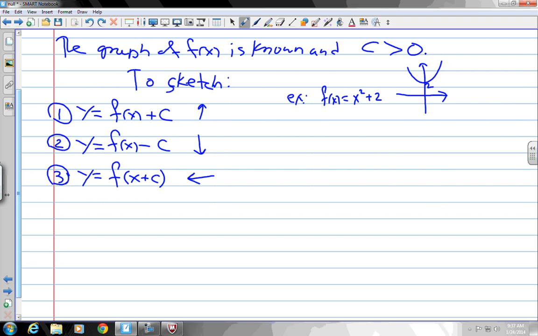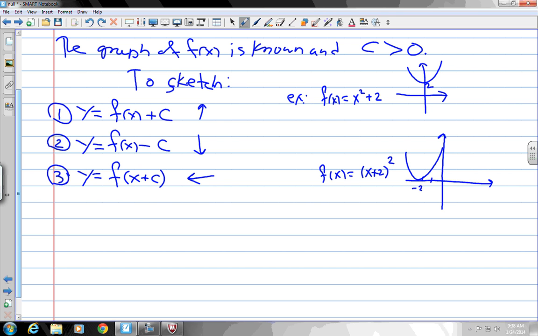So again, example of this would be something like x plus 2 squared, right? The graph, because if you think about this, what is the x-intercept? What does x have to be in order for this function to touch the x-axis? It has to be negative 2, right? x has to be negative 2, so this is why it actually sits at negative 2 like that, okay?